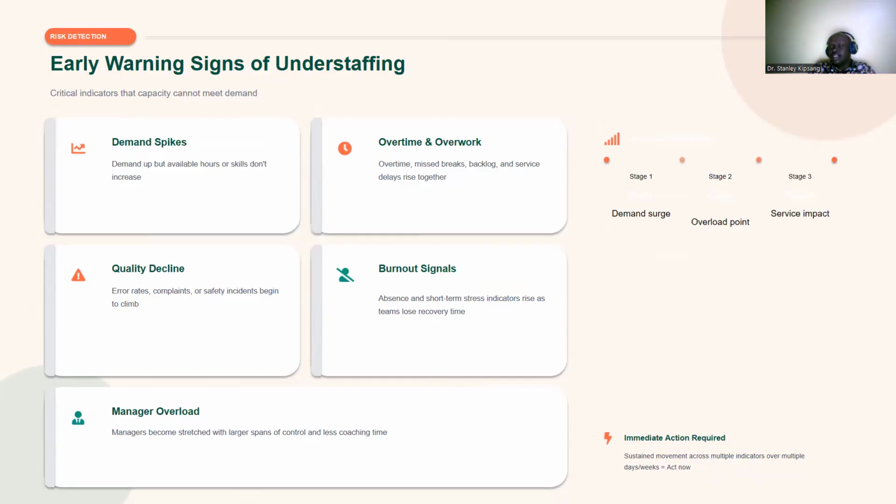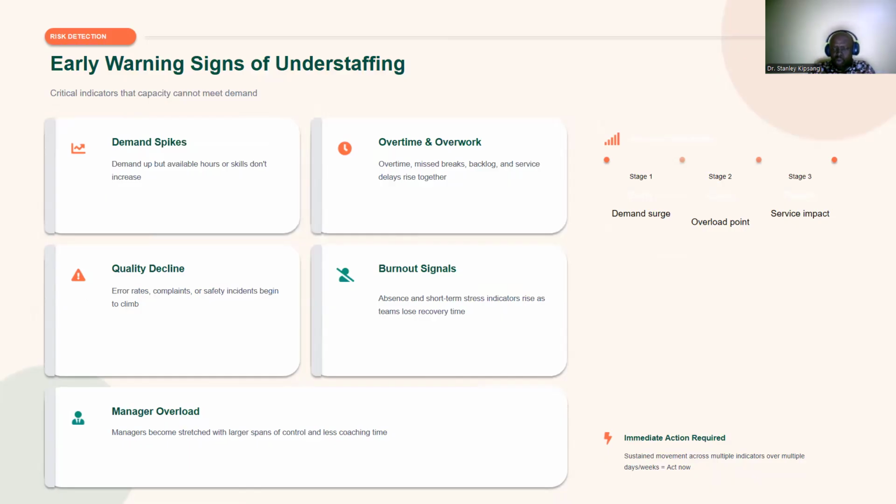When quality declines, you are witnessing increasing error rates, a lot of complaints, safety incidents and all that. It means the people who are working there are not meeting the expectations of the work in terms of quality, because they are not sufficient enough to undertake their responsibilities as required.